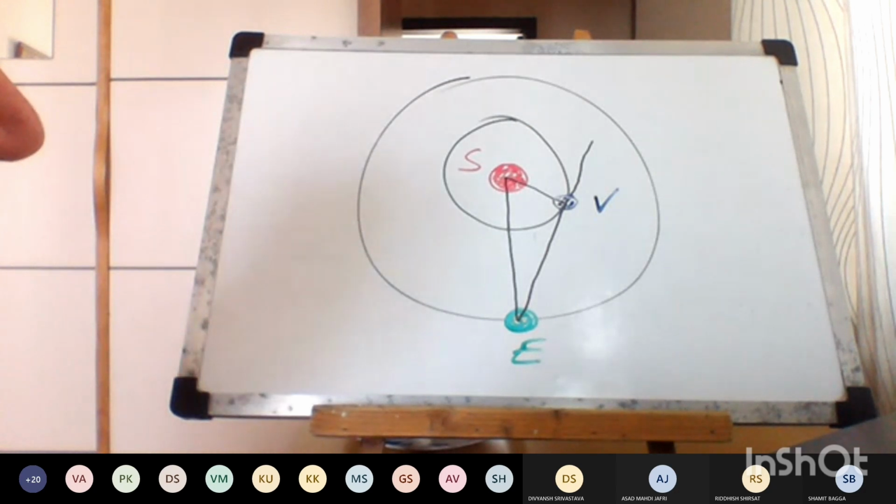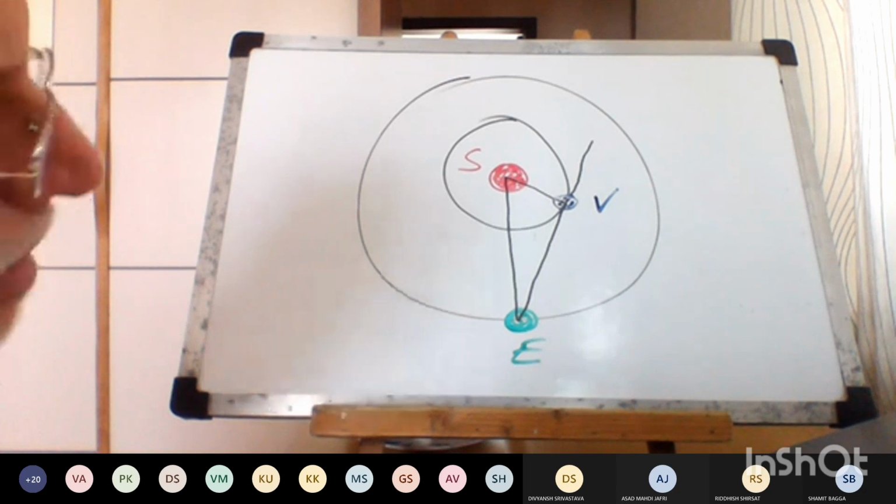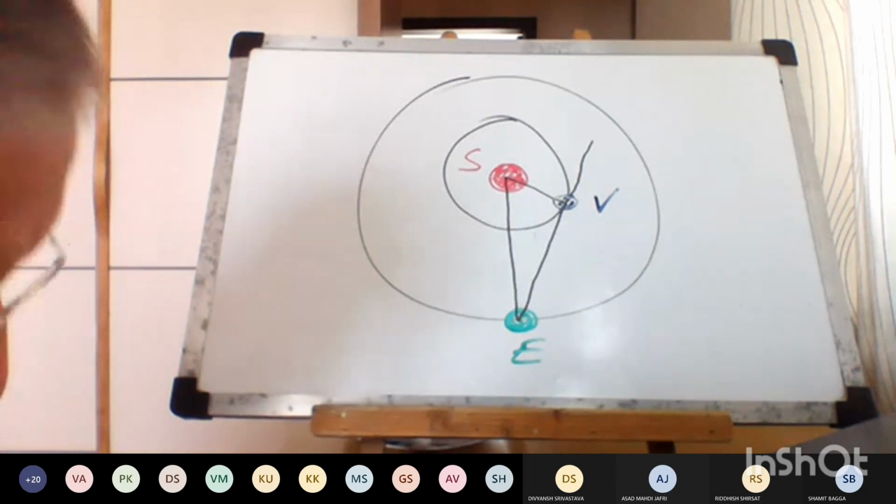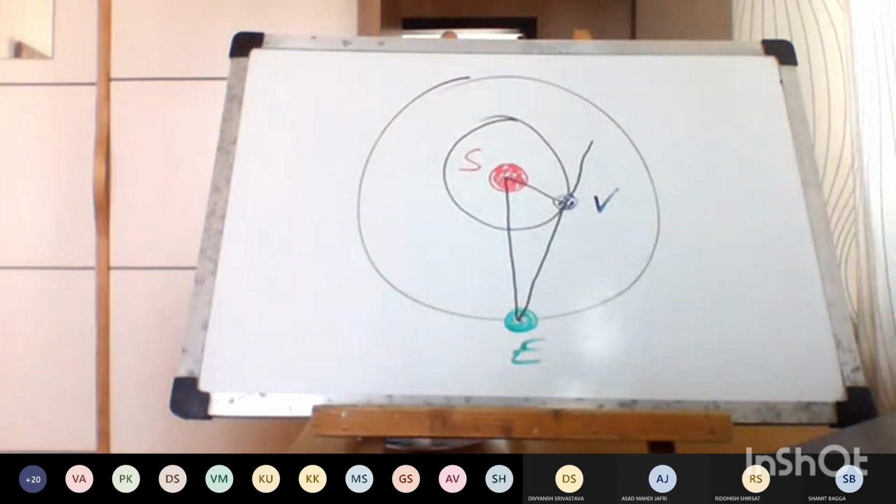If you want to find the distance between the Sun and Venus, what should you know? We know the distance from Earth to the Sun is 93 million miles.